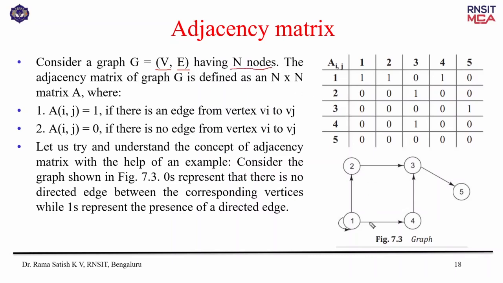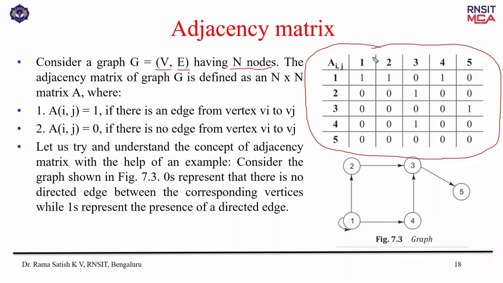Here, how many nodes are there? 1, 2, 3, 4, 5. So you have 5 nodes, and these 5 nodes are represented in the form of a two-dimensional array matrix.